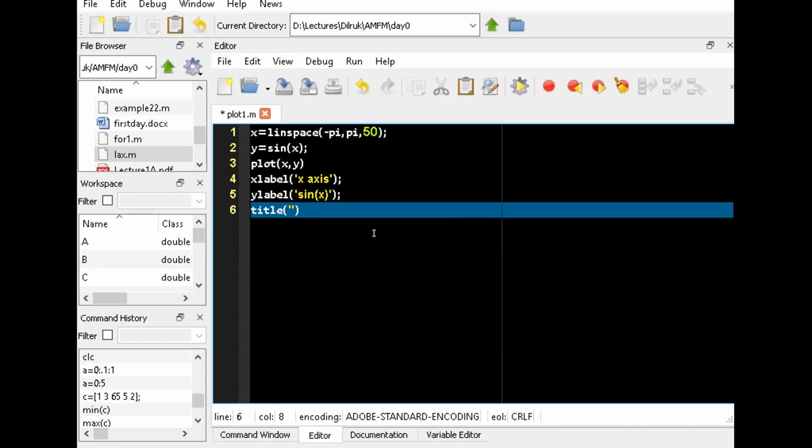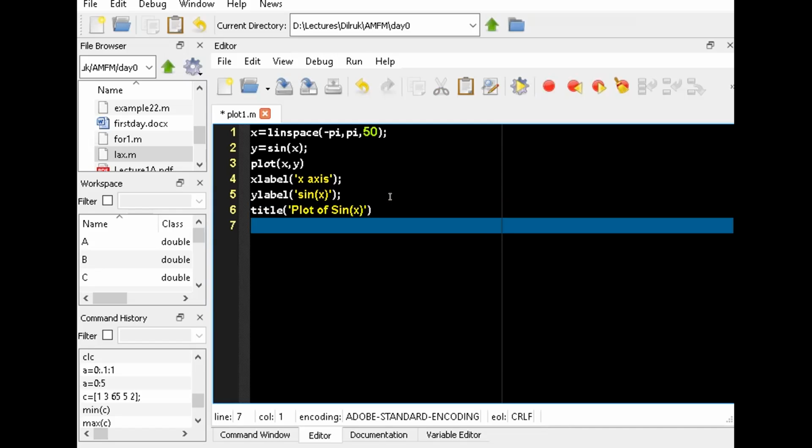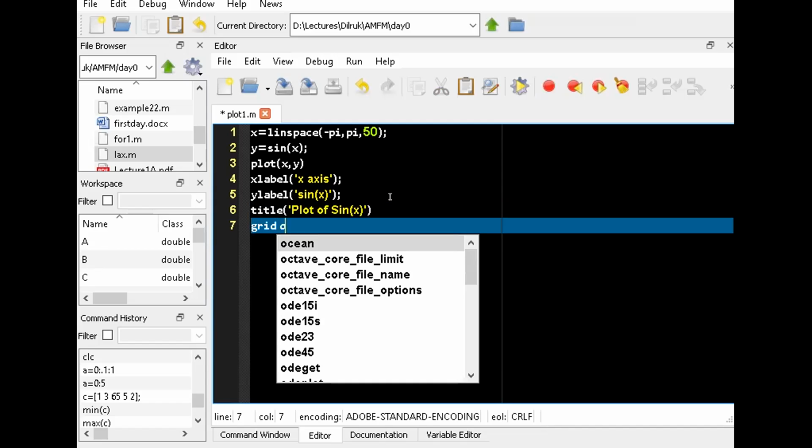So you can give a title as sine of x, graph of, plot of, something like that. You can also put grid on. You can see the grids. So grid on.